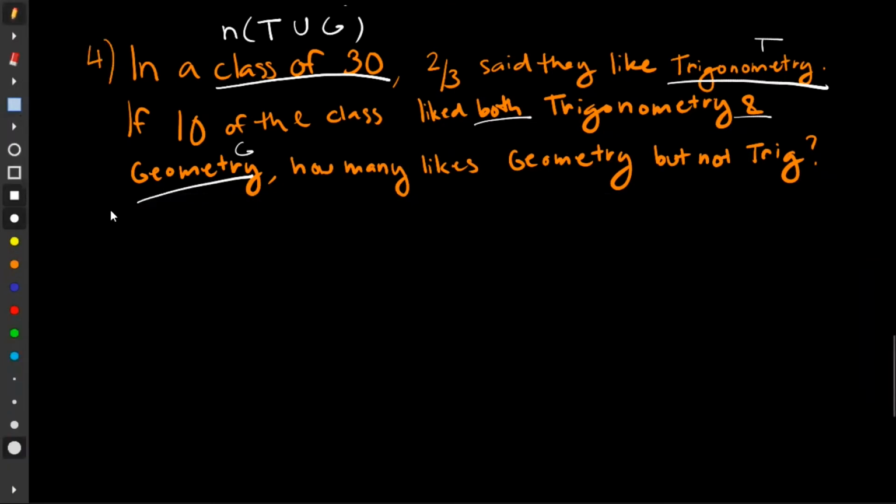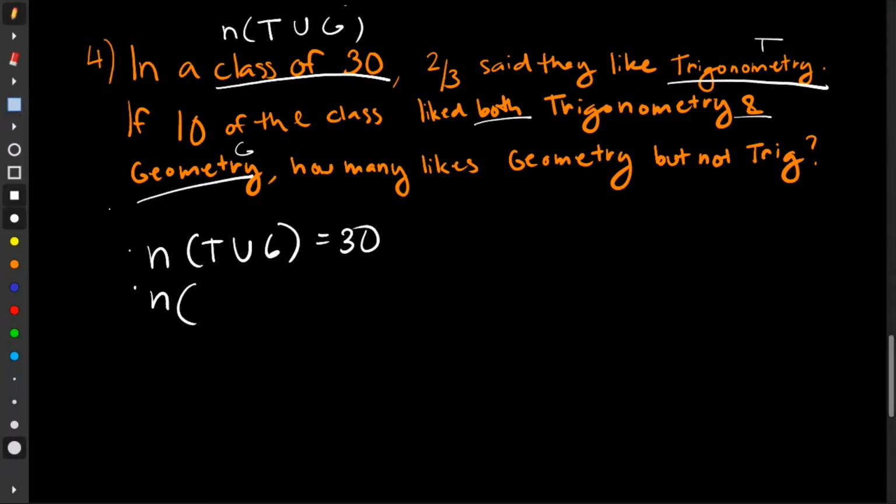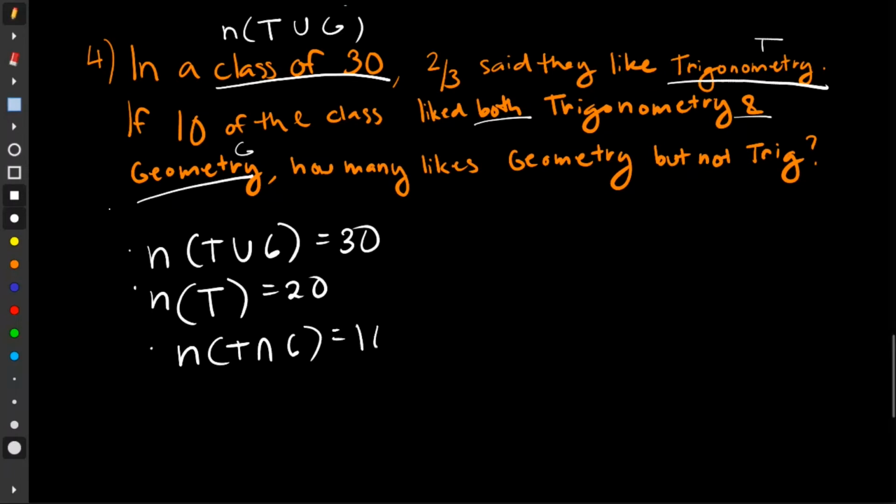So what we have so far is the cardinality of their union is 30. The cardinality of students who like trigonometry is 20. The cardinality of their intersection is 10.